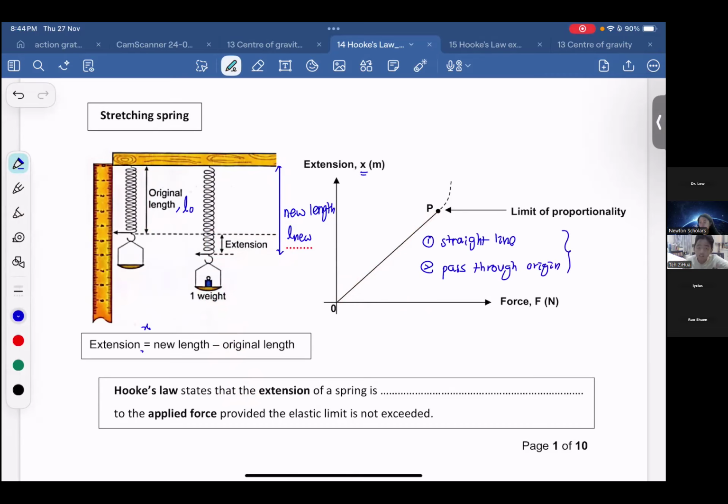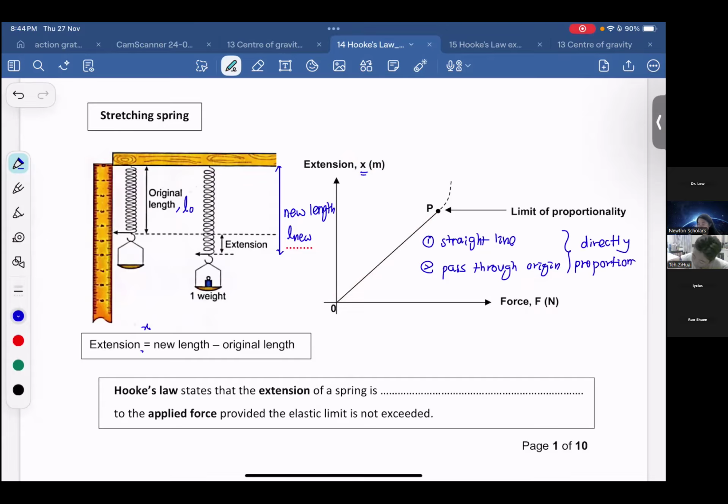From these two features of the graph, we know that extension x actually is directly proportional to force. How do I know it's directly proportional? Straight line, and then the line passes through origin. So this relationship is called directly proportional.